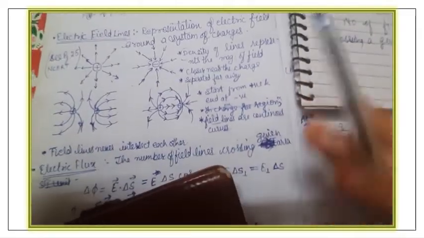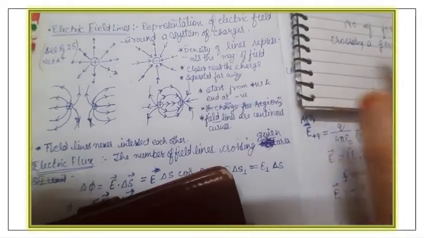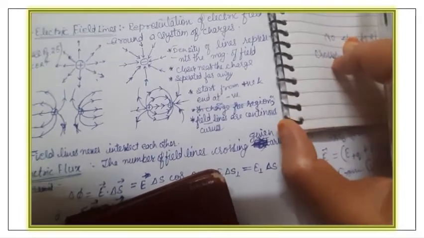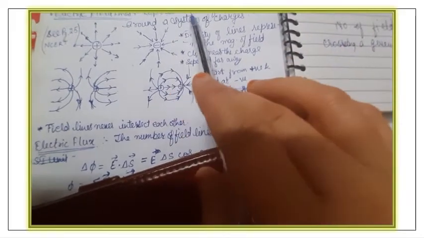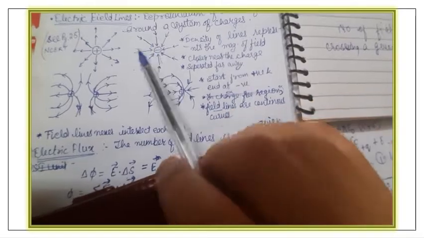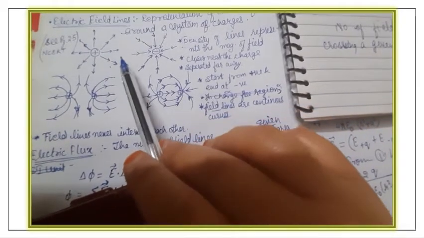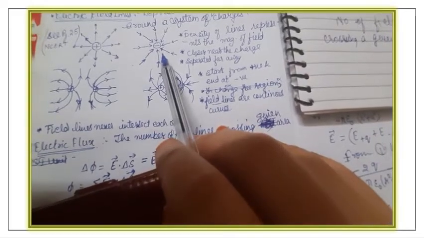Moving on, the next topic is electric field lines. Now the electric field is represented diagrammatically through electric field lines. So electric field lines are a representation of electric field around a system of charges. As you can see, the electric field lines due to positive charge and negative charge are shown here.